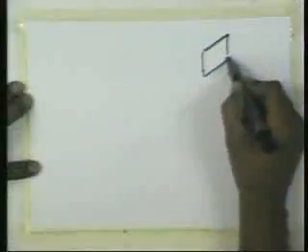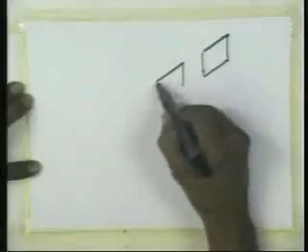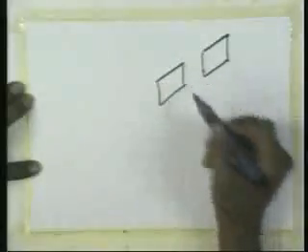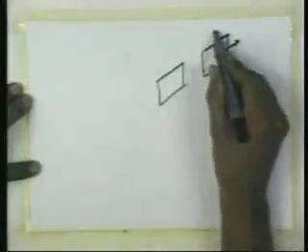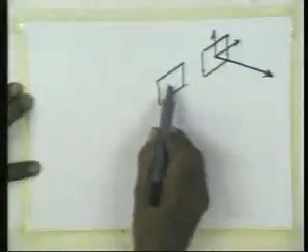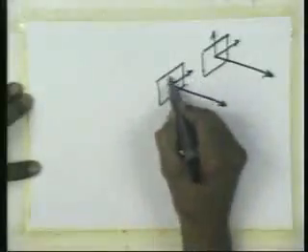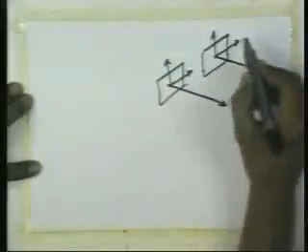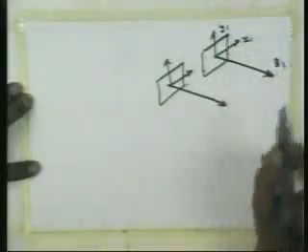Supposing I have two cameras, and I will only show the image planes of these two cameras. These are the two image planes with the axes. These two axes are parallel. So this is my, say, x1, y1, z1.